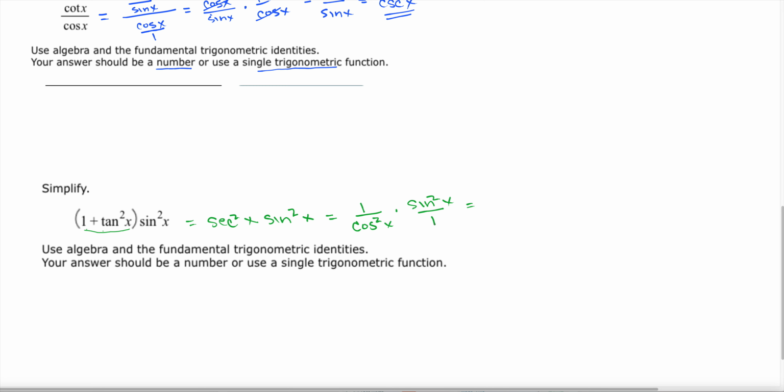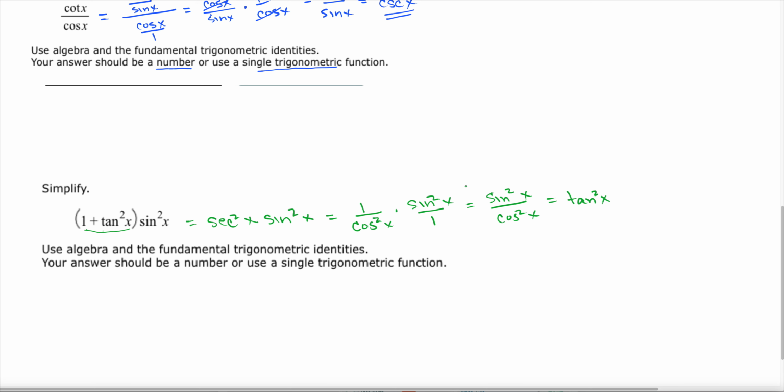Remember, sometimes it's helpful to think of everything as a fraction so we don't confuse what's a numerator and what's a denominator. So now when I multiply across, I have sine squared x over cosine squared x. And I know that sine over cosine is tangent, and since it's squared, it would be tangent squared x.